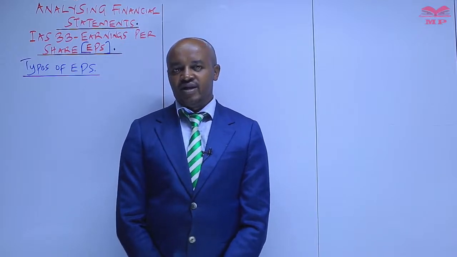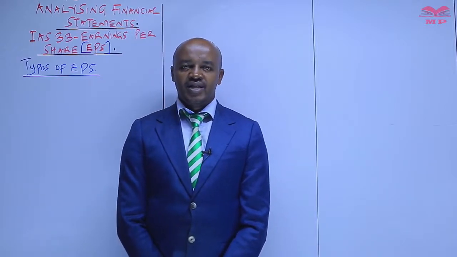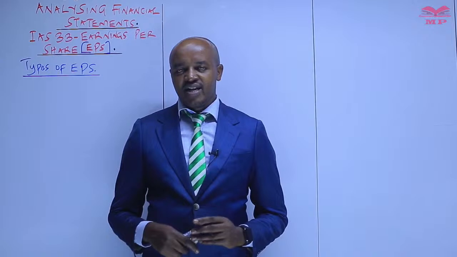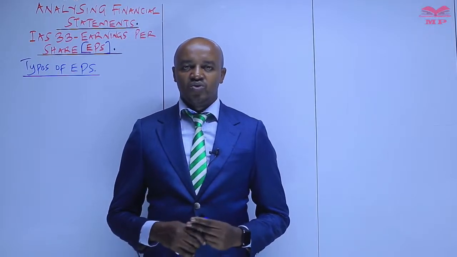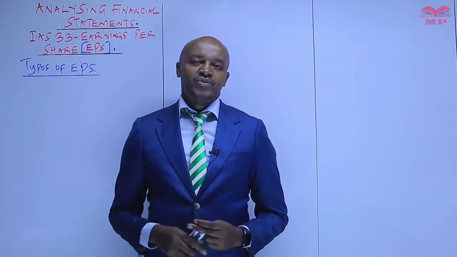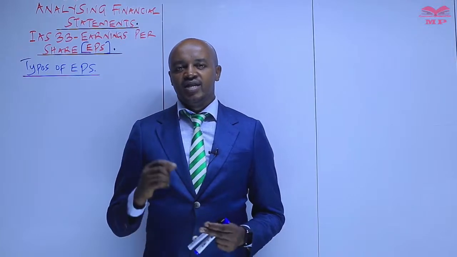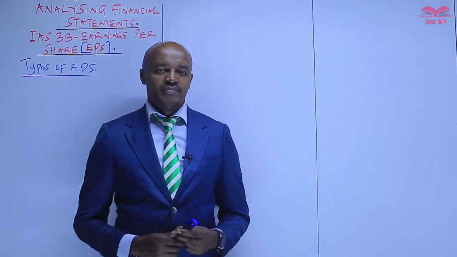Remember, in our first session, we said that listed companies are required to compute and disclose two types of earnings per share in accordance with International Accounting Standard number 33.